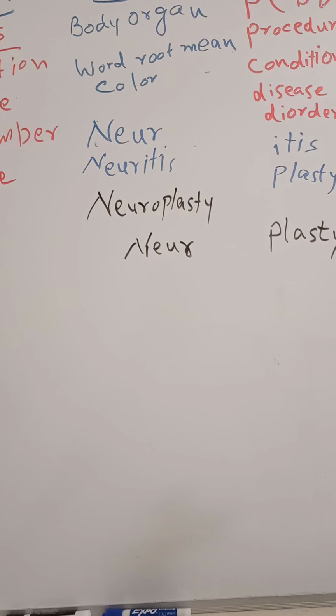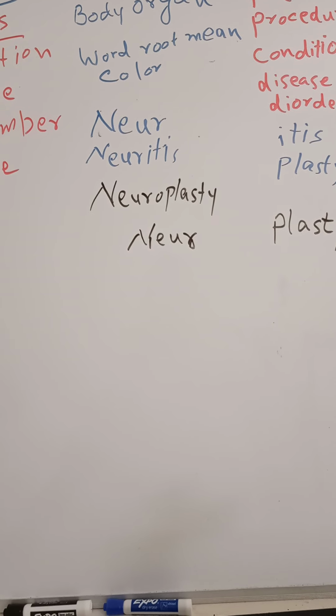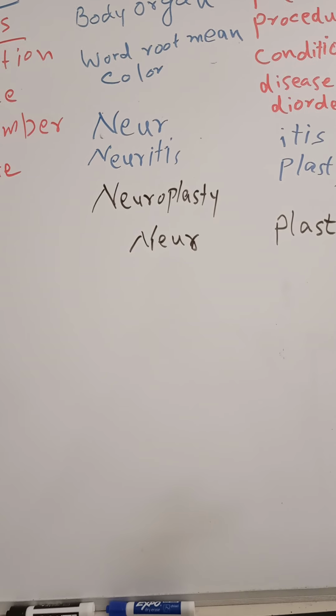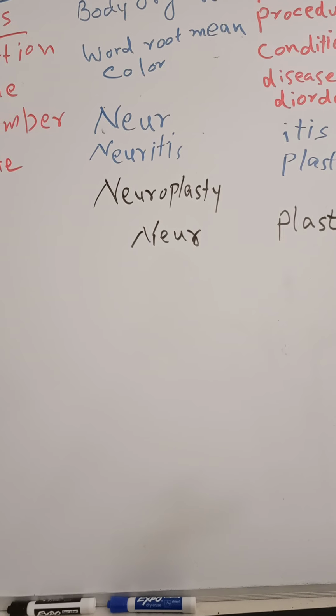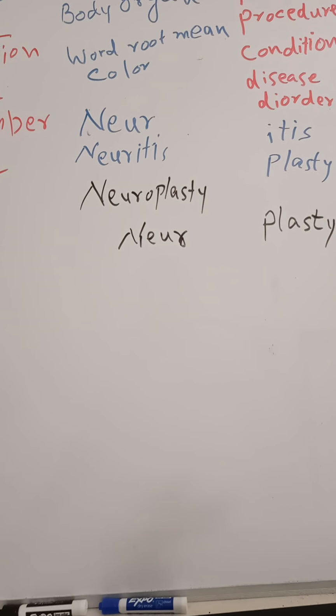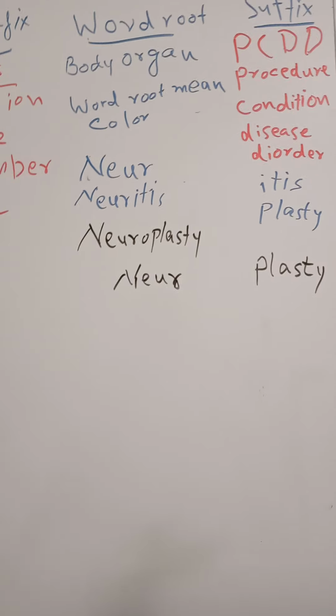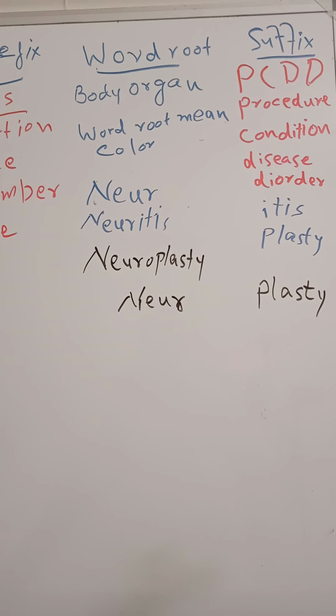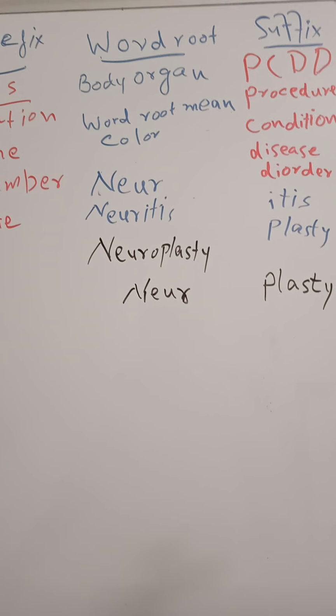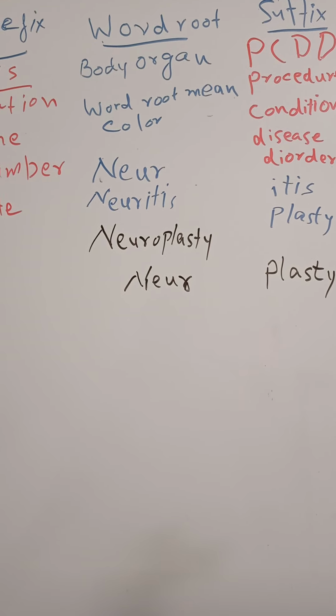So if we add them together, neurplasty, it is not a smooth pronunciation. So we add a vowel, O. Neuroplasty. This way it sounds better. As I said, itis is the most commonly used suffix, and O is the most commonly used vowel.